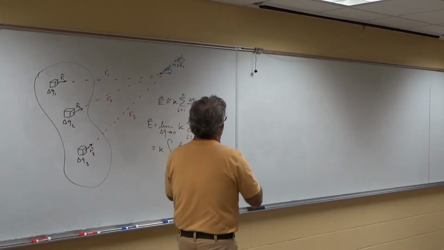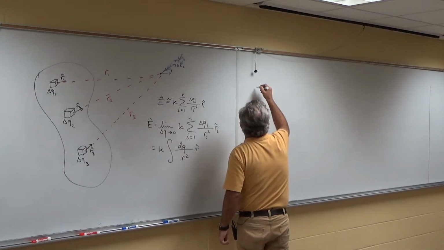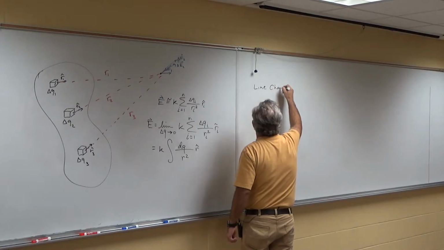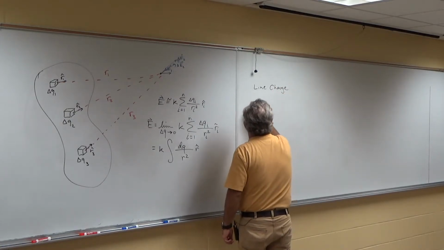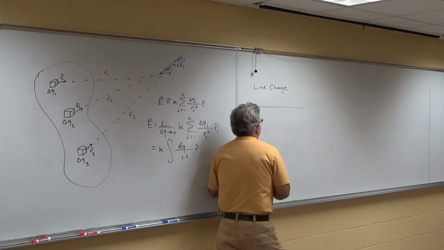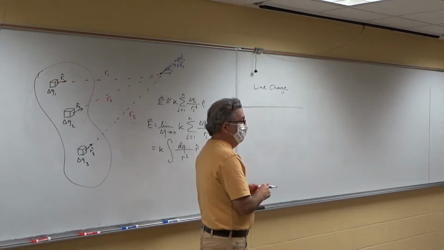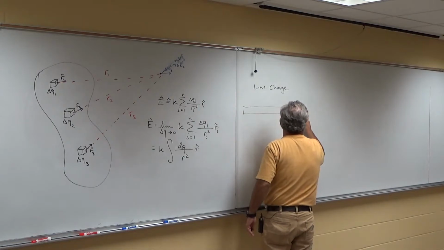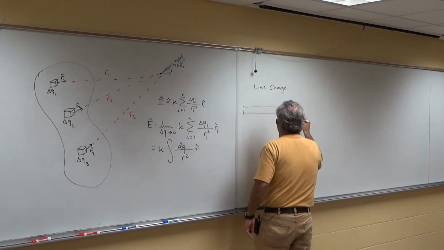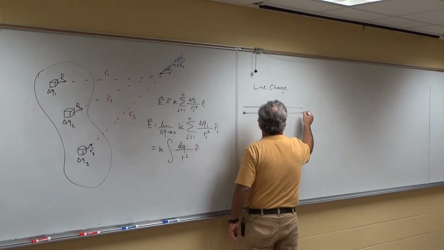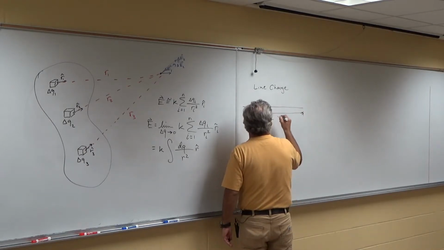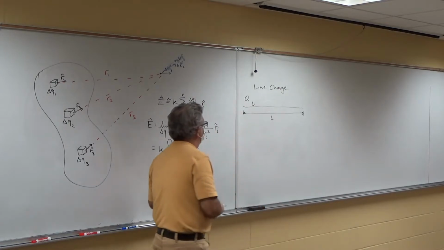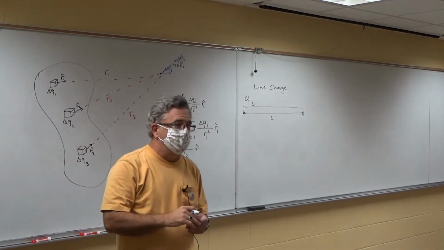So, for the line of charge, the 1D case, imagine that you have a very, very thin line of charge. It has length, let's say, L, and there's some total charge Q on the line. It's evenly distributed.